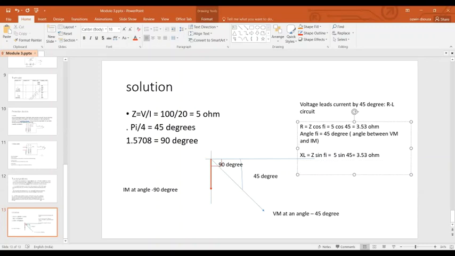Once you know XL, you can find L. L is equal to XL divided by 2 pi f. That should give you the L value. Just calculate and let me know.